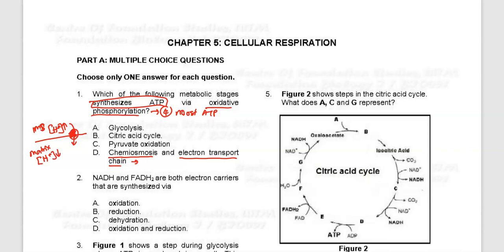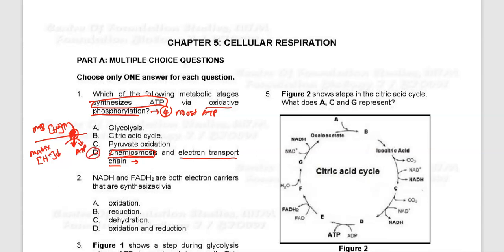So the process where hydrogen ion diffuses back from high concentration region to low concentration region using ATP synthase will synthesize ATP molecule from ADP and also inorganic phosphate. So that is chemiosmosis. So the answer would be D.